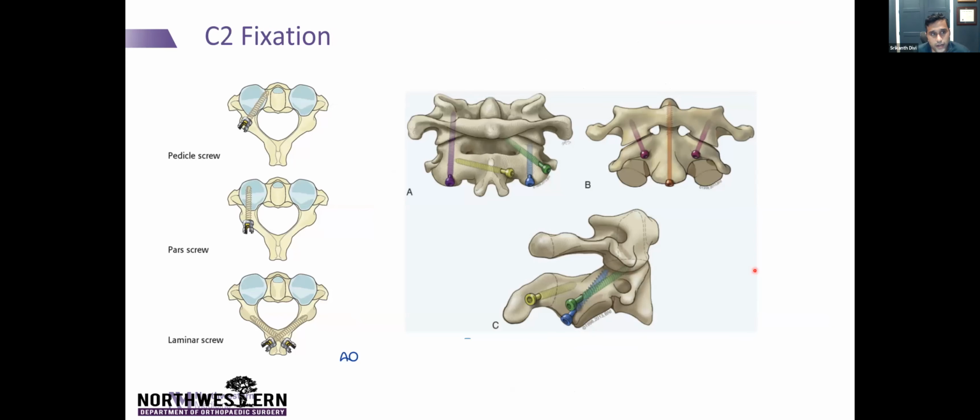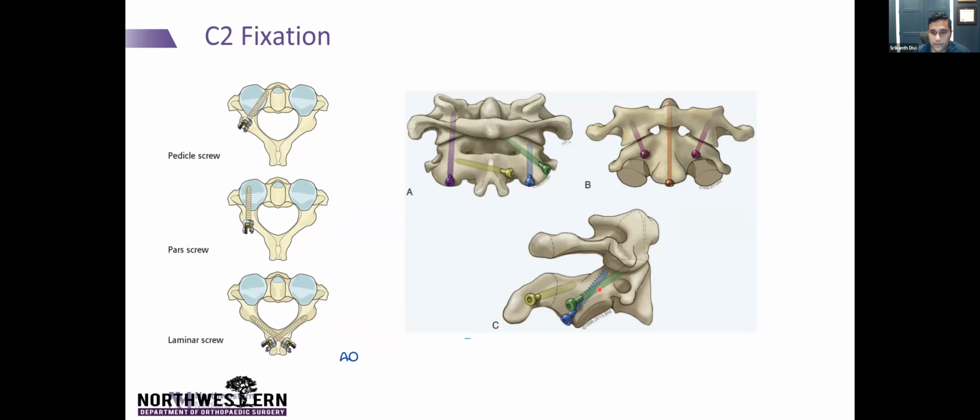Now, the next most important point to make is C2 fixation. This can be pretty tricky. So there are three ways of doing it. One way is a pedicle screw. C2 also has very interesting anatomy. There's an inferior facet, there's a superior facet up here, and it has this long elongated isthmus.